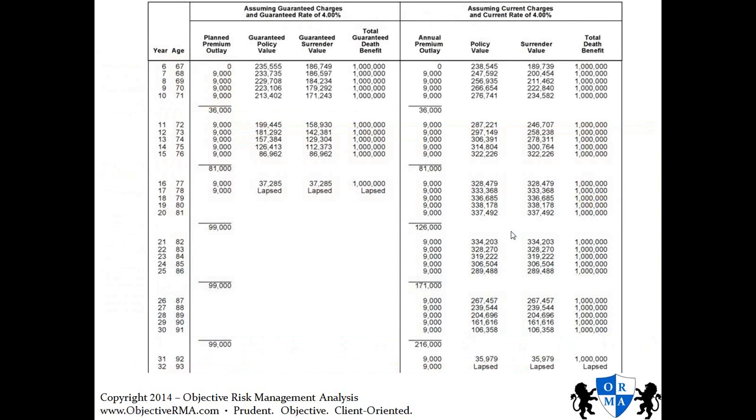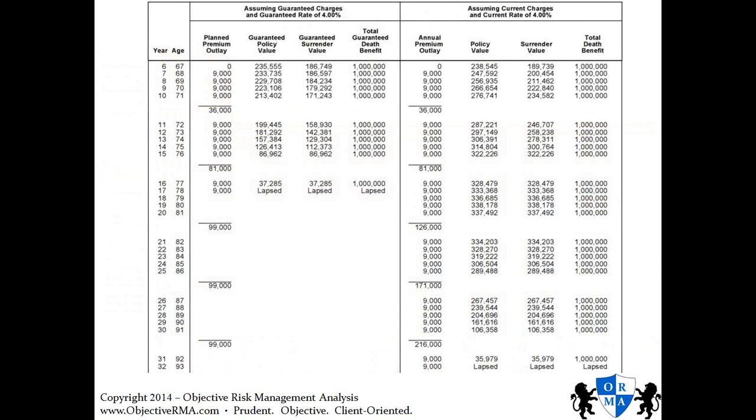And then once I do the simulations, I can then come back and reorder the updated illustrations from the carrier, and you can see where paying a $9,000 annual premium brings you out to age 92, which is very, very close to what the simulation has predicted.